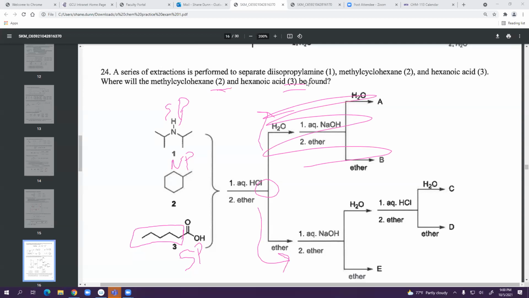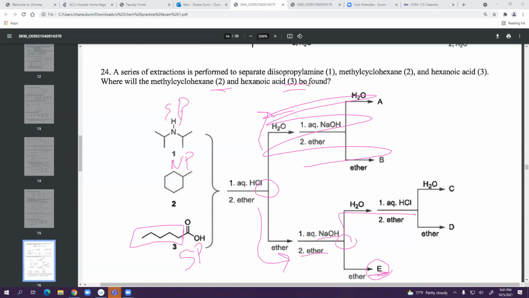And then I wash them with NaOH and ether again. Do they both make it through? Yes, they both make it through. Now I'm here. If I wash 2 with ether, it's going to go down here, right? Correct? Because 2 is nonpolar. Okay. SP is going to go this way, right?